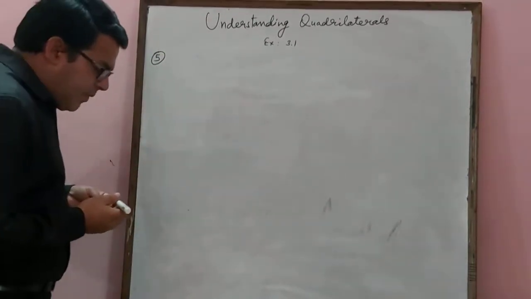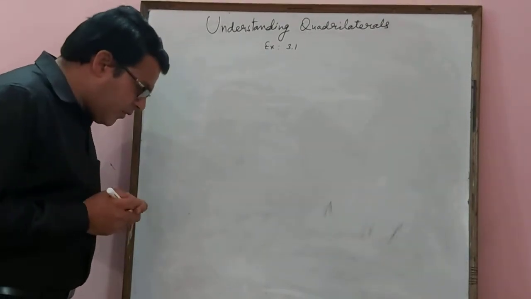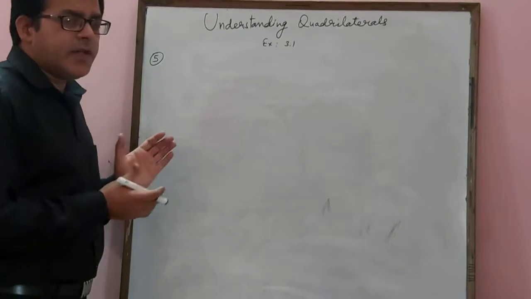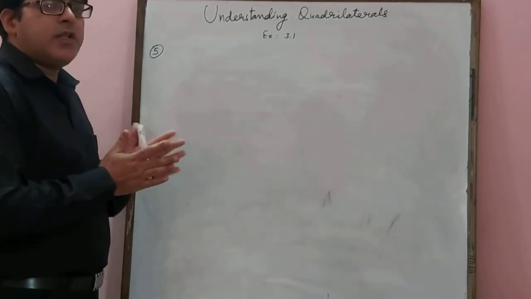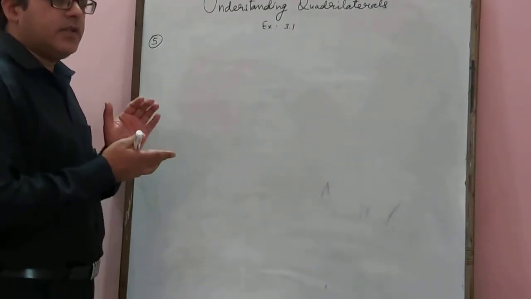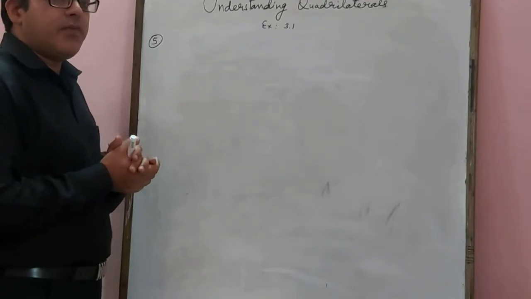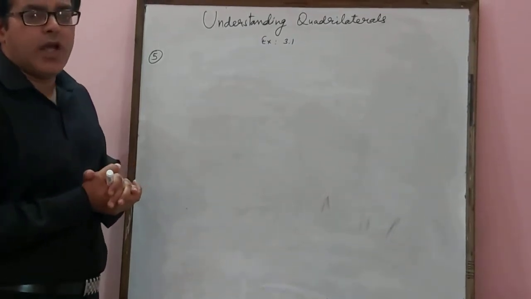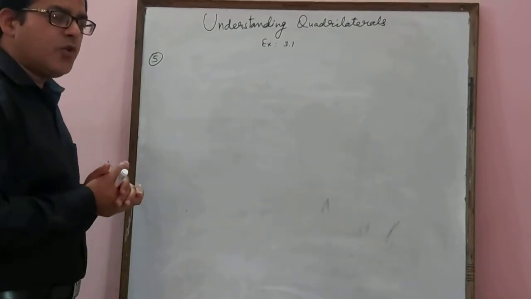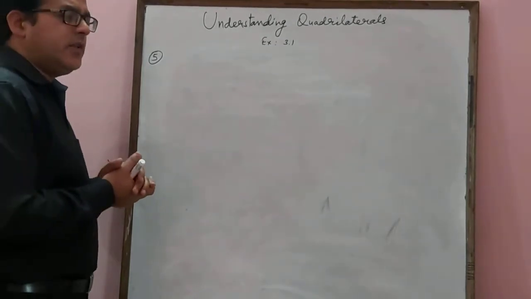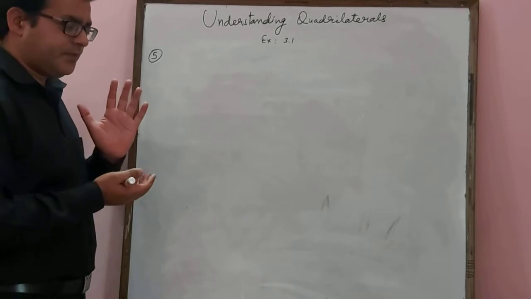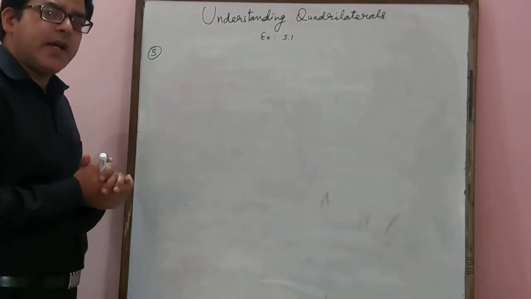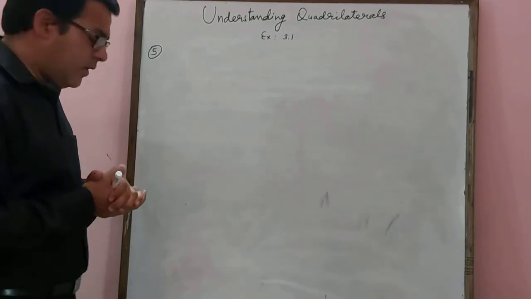Question number 5: state the name of the regular polygon. What is a regular polygon? Yesterday we already discussed that regular polygons are 2D figures which have equal sides and equal angles.